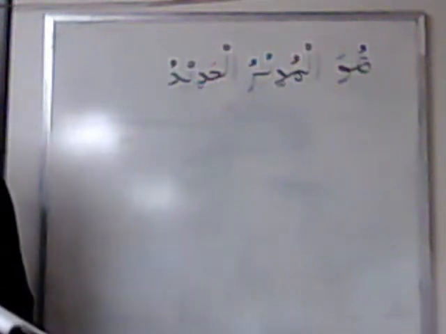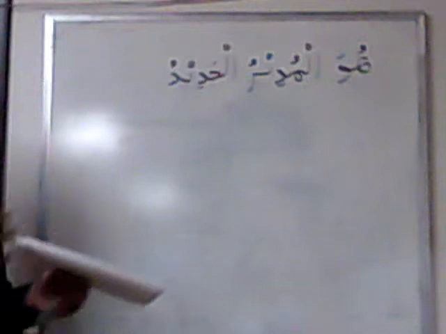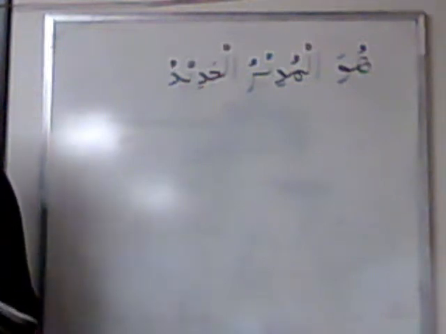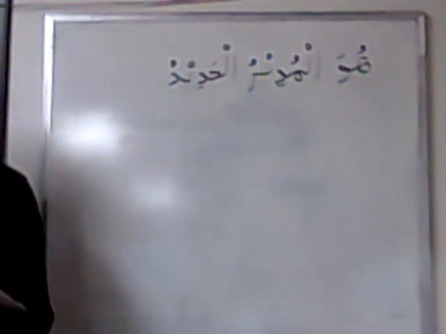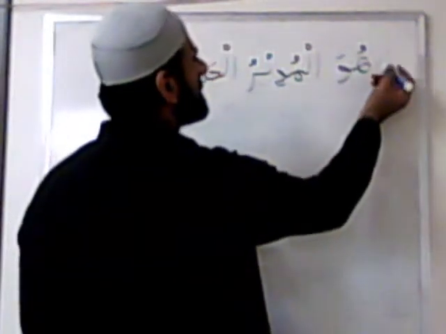Pronoun, yeah, damir. Isn't this a pronoun? Yeah, but it's not like a noun in that sense. You're right, from that angle it is a pronoun, but it is an ism. So you can say it is ismut damir. It is a noun which is a pronoun.